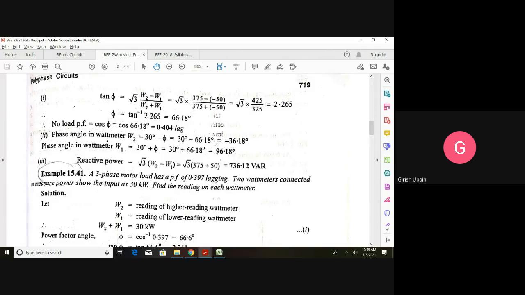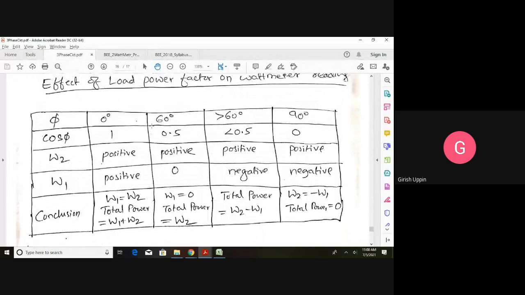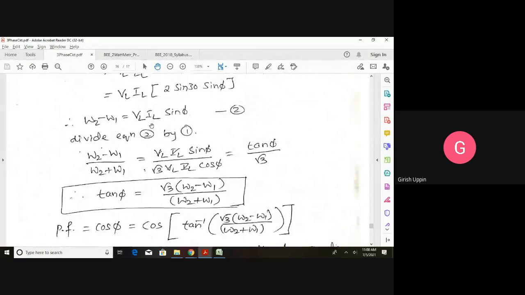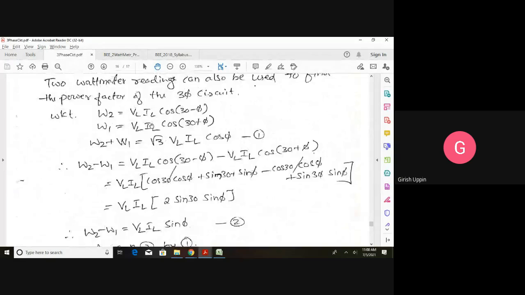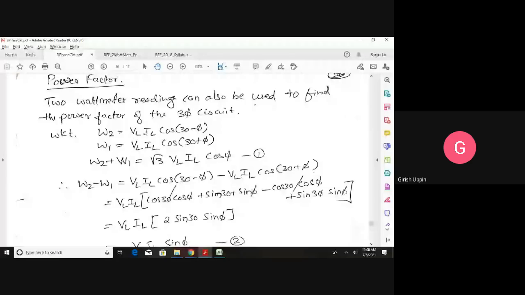And the phase angle in wattmeter 2. Why do we get it as 30 degrees minus phi? You remember the formula for W2. We have VL IL, and in case of wattmeter 2, the angle between voltage and current is 30 minus phi. In case of wattmeter 1, the angle between voltage and current is 30 plus phi.